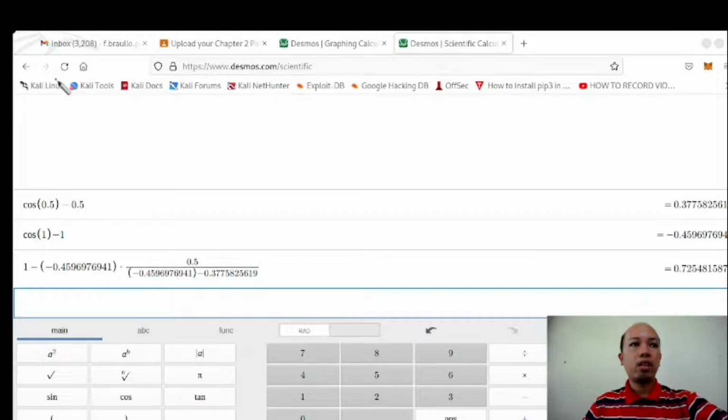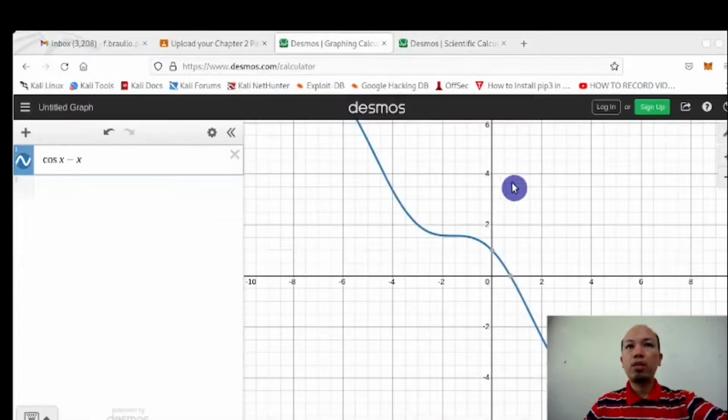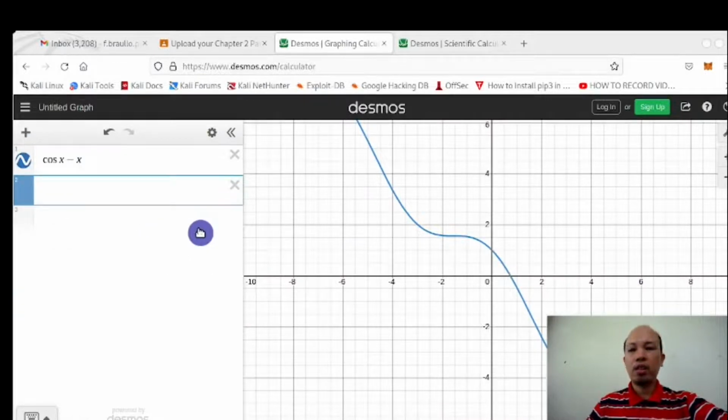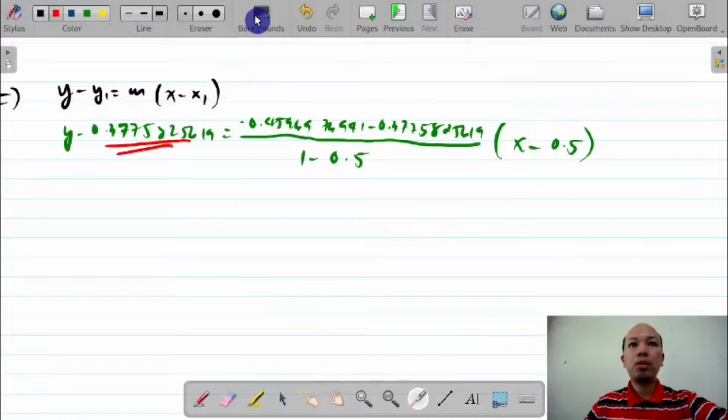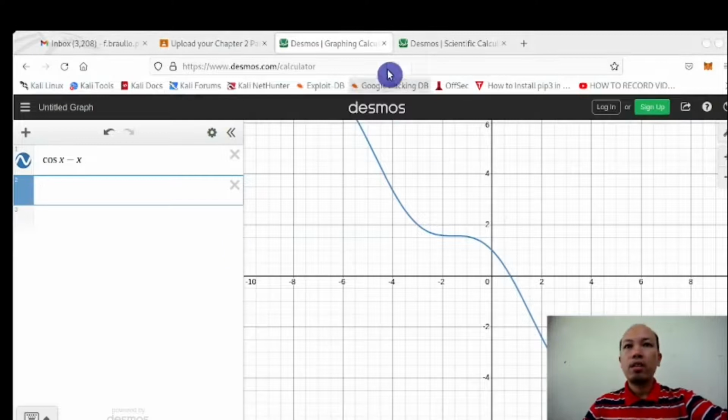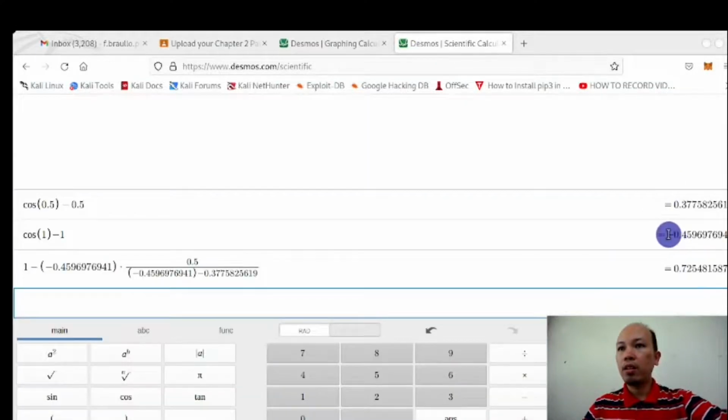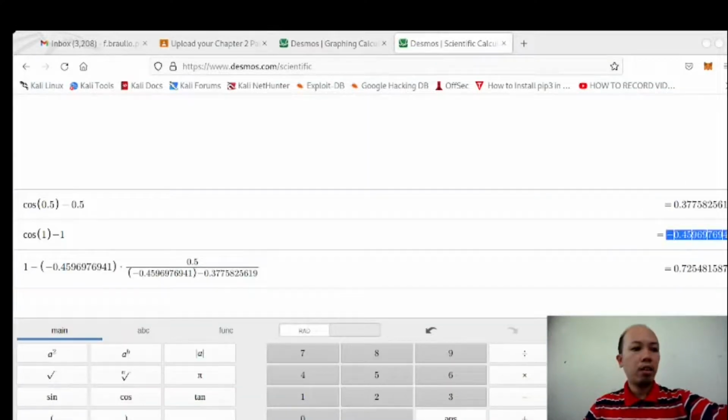Okay, so let's try to graph that one. Let's go now to our Desmos graphing calculator, this one here. Let's try this one here, our f2. Let's plot this one first. So f3 negative, this one here, copy.